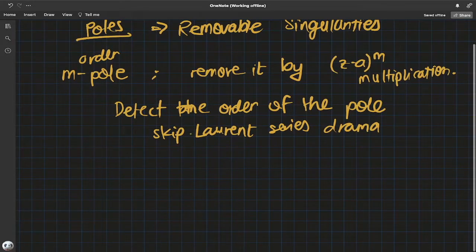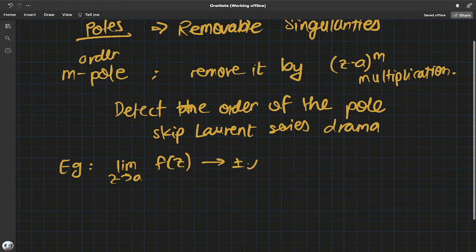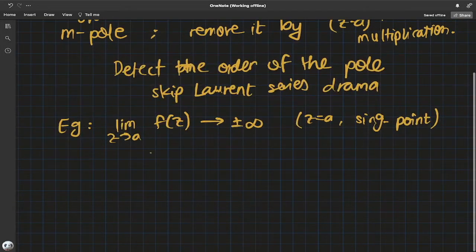I can maybe briefly give you a demonstration, but let me first mathematically write what this means. So if you have limit as z goes to a, f of z, and this goes to negative or positive infinity, we know for sure z equals a is a singularity point. Fair enough, but we don't know what kind of singularity it is.